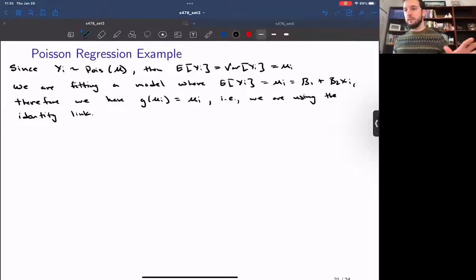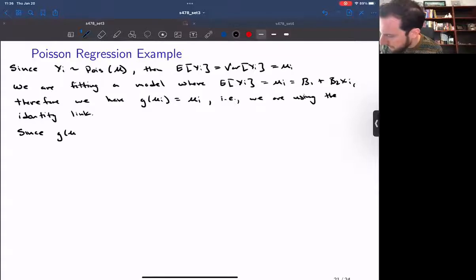The main takeaway from the fact that it's a Poisson random variable is that the expected value is equal to the variance. We're going to use this result momentarily. We're fitting a model of the form mu i equals beta 1 plus beta 2 xi. So therefore, g of mu i is equal to mu i, so we're using an identity link. This is also going to be helpful to us momentarily.